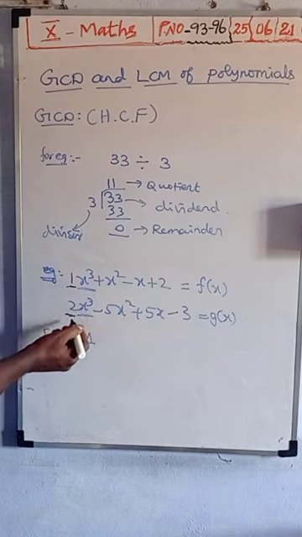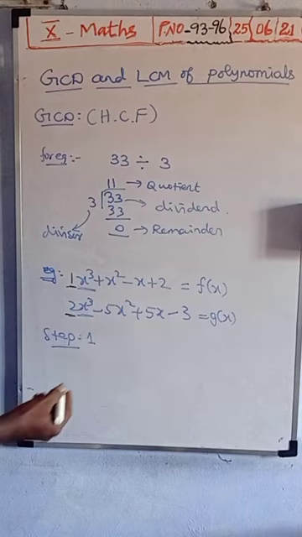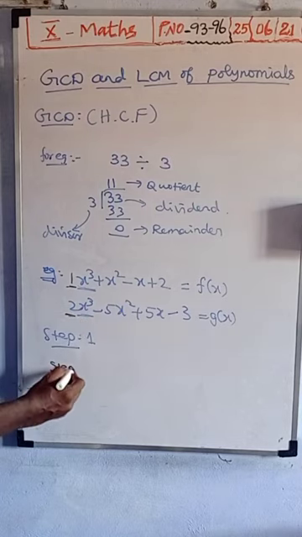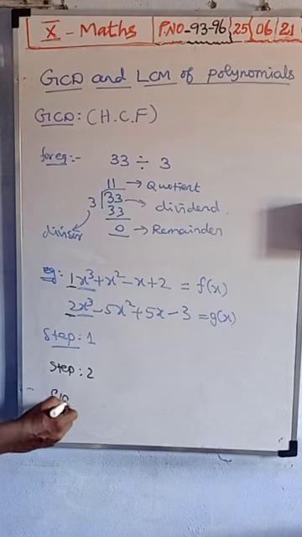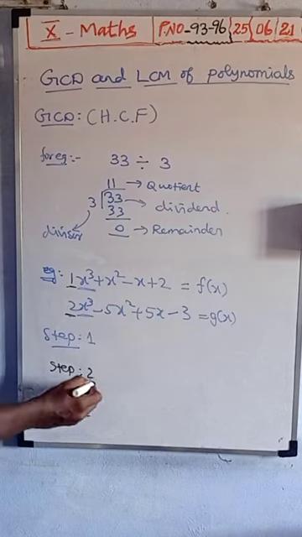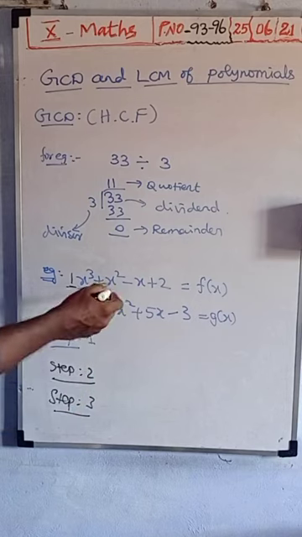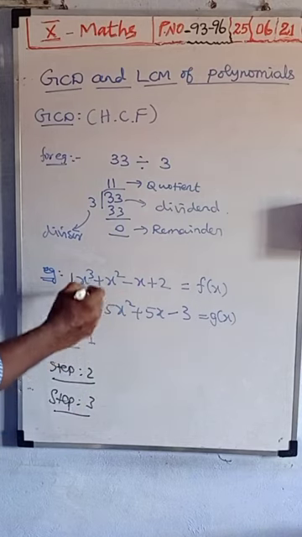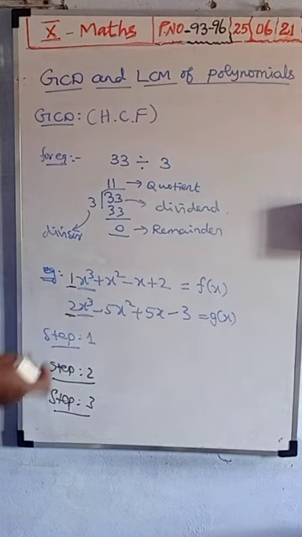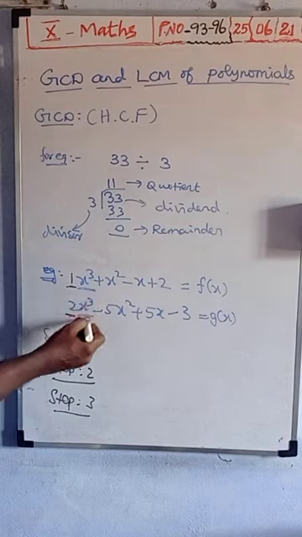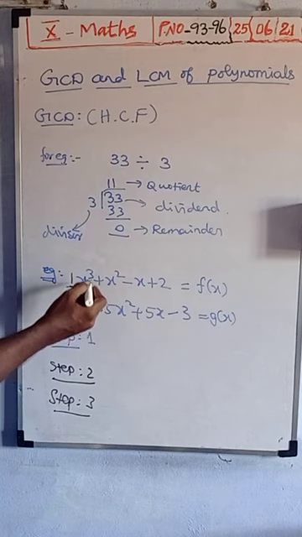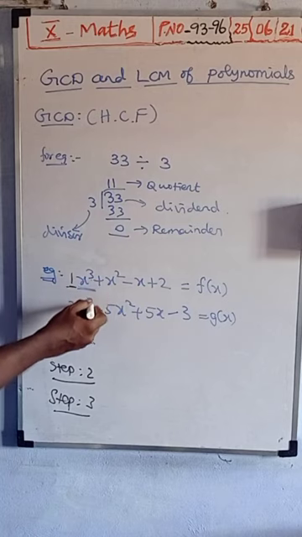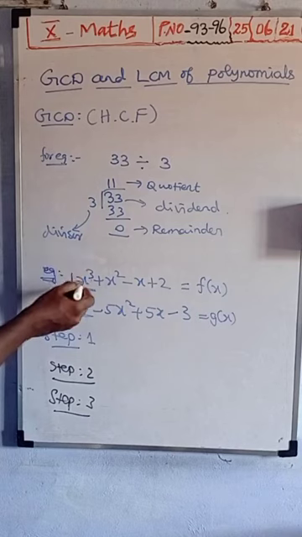So 2 is the highest. Totally there are 3 steps. First we check the power. If the power is greater, that one is chosen as the dividend, and the smaller power is the divisor. Here the degree is the same, so we go on to the coefficients.